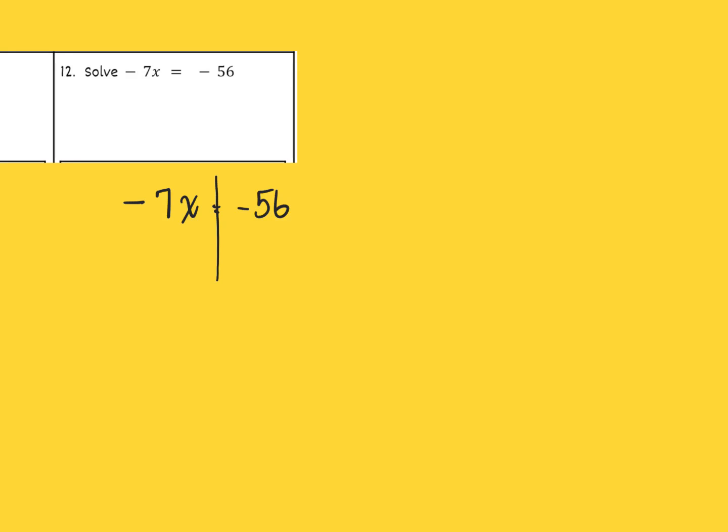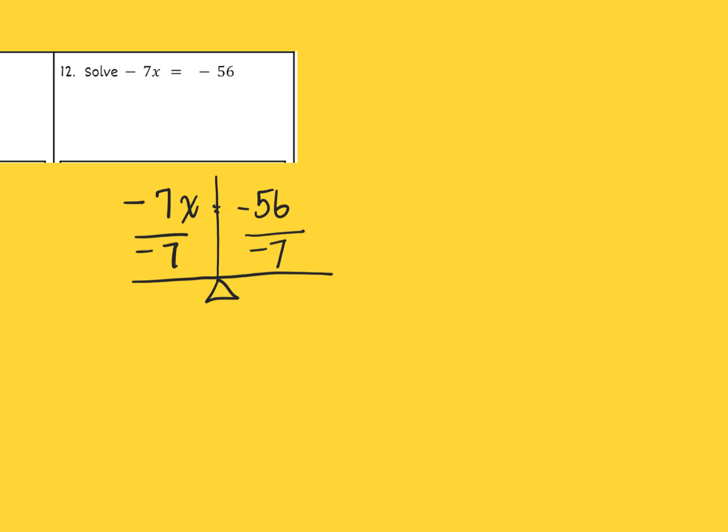So instead of multiplying by negative 7, we have to divide by negative 7. Since this is a balance, our second step tells us we need to balance the equation by putting a negative 7 on the right. So we're going to divide by negative 7 as well.